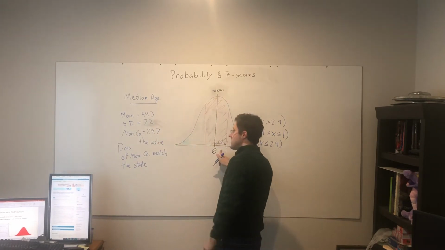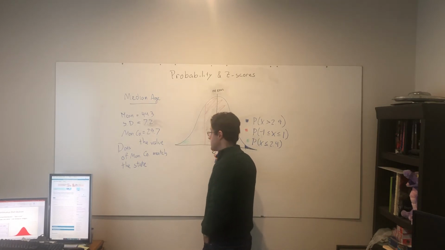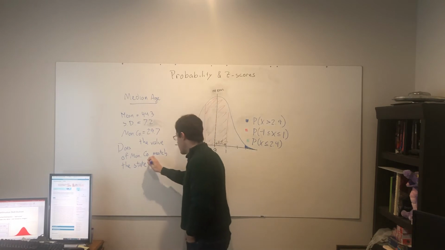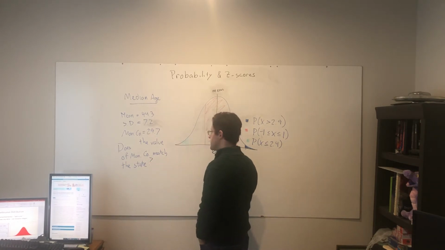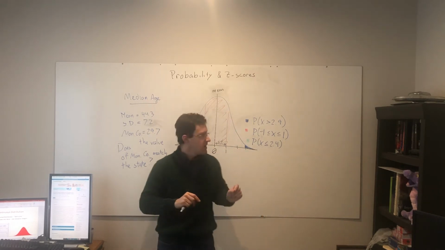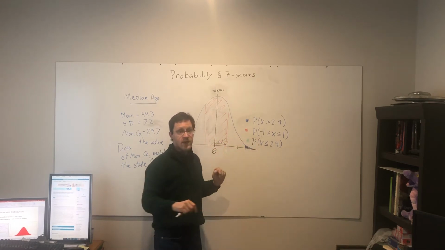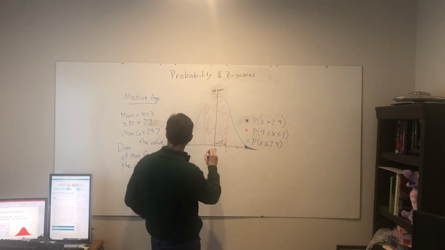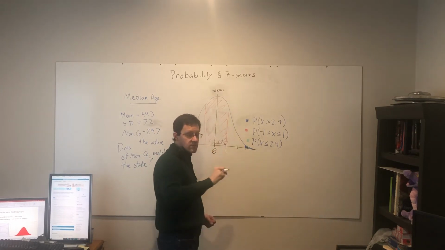So I can then use this kind of normal distribution to evaluate this. If Mon County's value fits in, it's going to be closer to the middle. If it doesn't fit in, it's going to be further out to the edge. But I have a mean of 0, I have a standard deviation of 1.